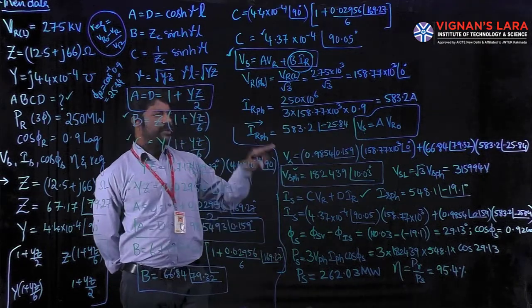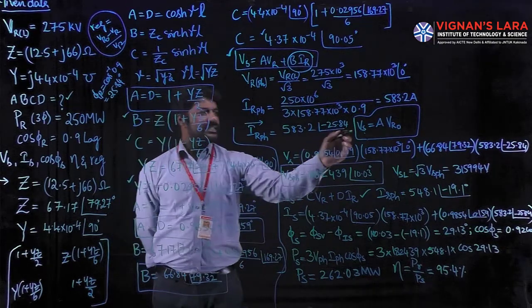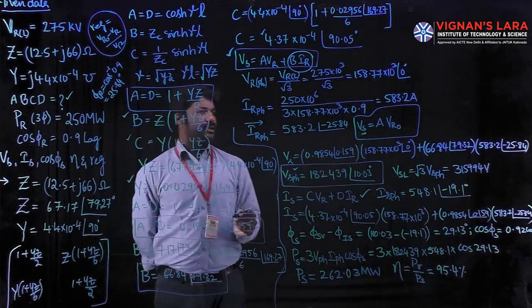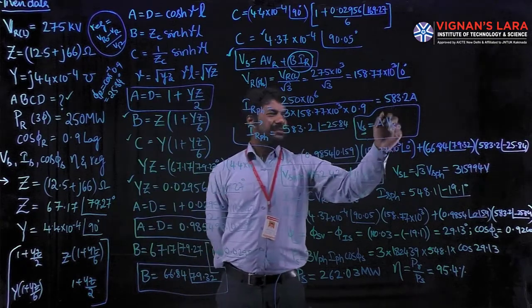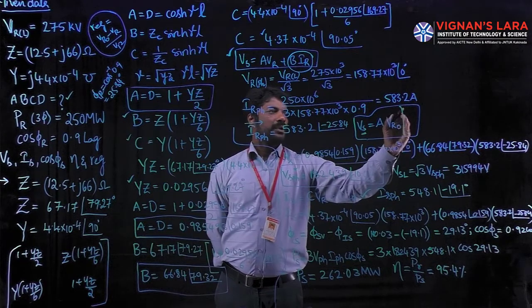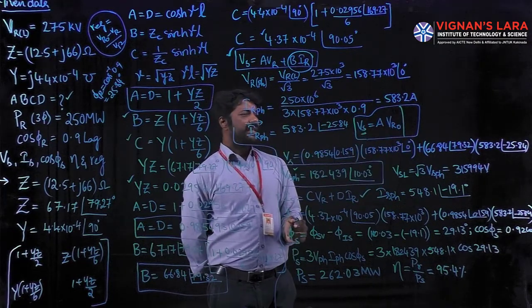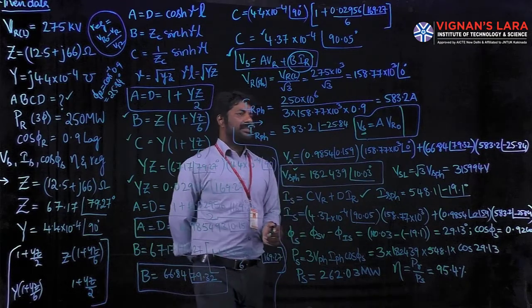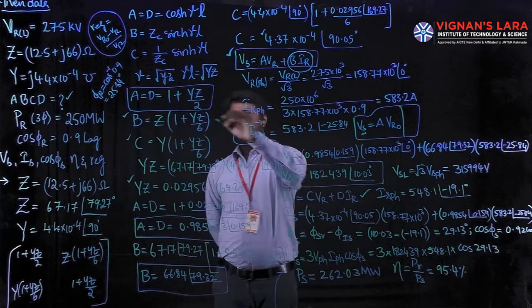And we also defined one more condition at no load: at no load, always the injected voltage will be the calculated value. So the VR0 value can be written, very carefully, as VR0 is equal to Vs by constant A. VR0 is equal to Vs divided by constant A.